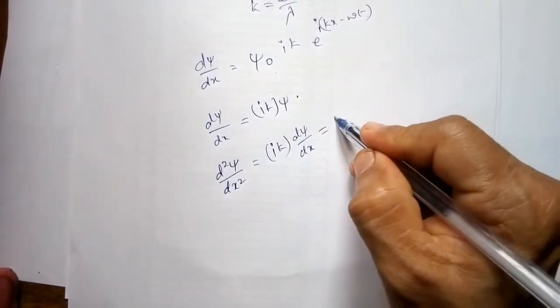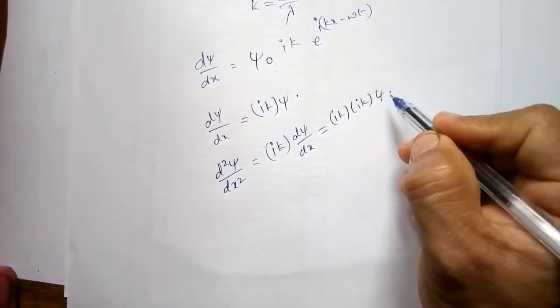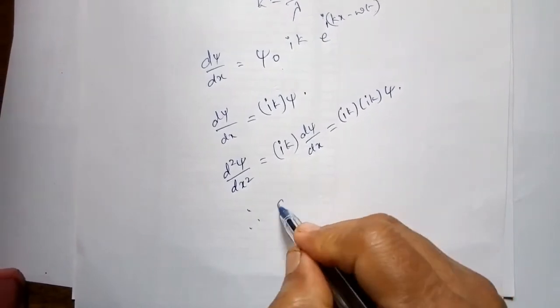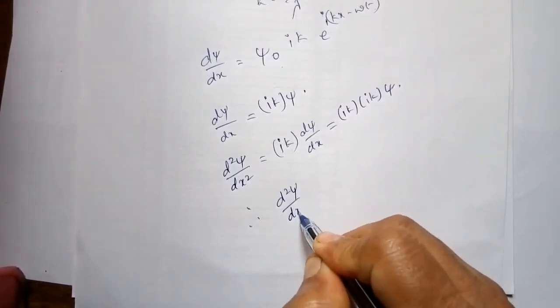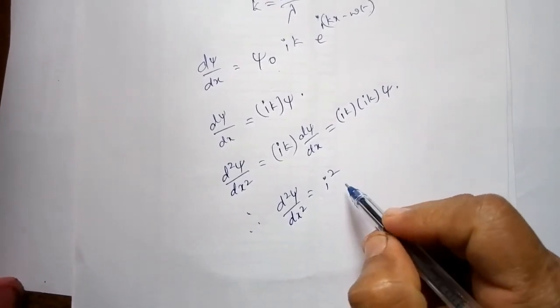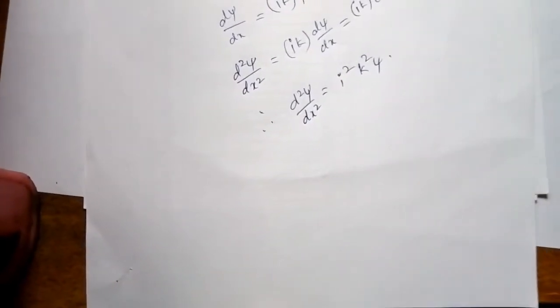So d square psi by dx square is equal to i square k square psi.